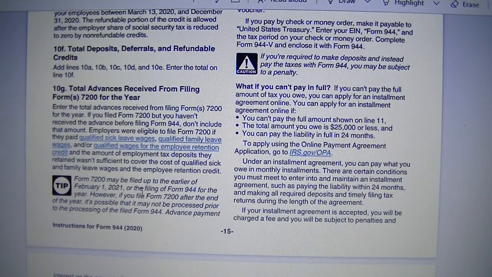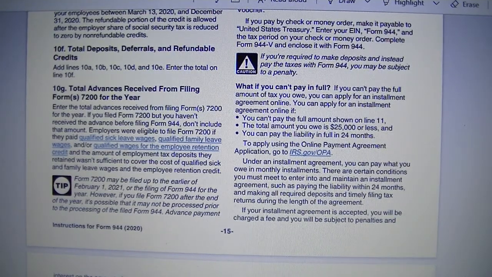Form 7200 may be filed up to the earlier of February 1st, 2021 or the filing of Form 944 for the year. However, if you file Form 7200 after the end of the year, it is possible that it may not be processed prior to the processing of the filed Form 944.